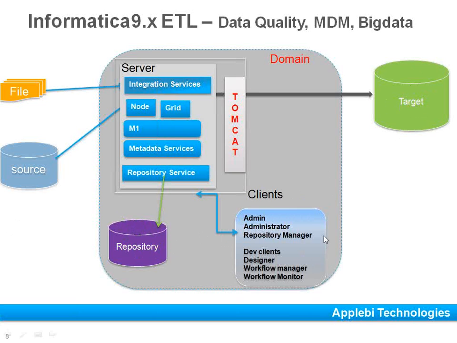When you install Informatica software, there are three components: server, client, and repository. The repository is sitting in the backside; you will not directly access it because it is running in the background. Anything you develop will be saved under the repository, and these client components can help you develop any kind of code.